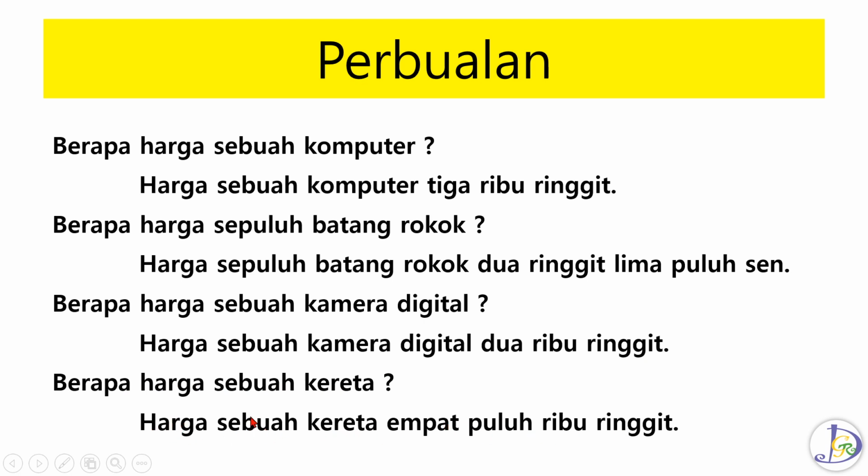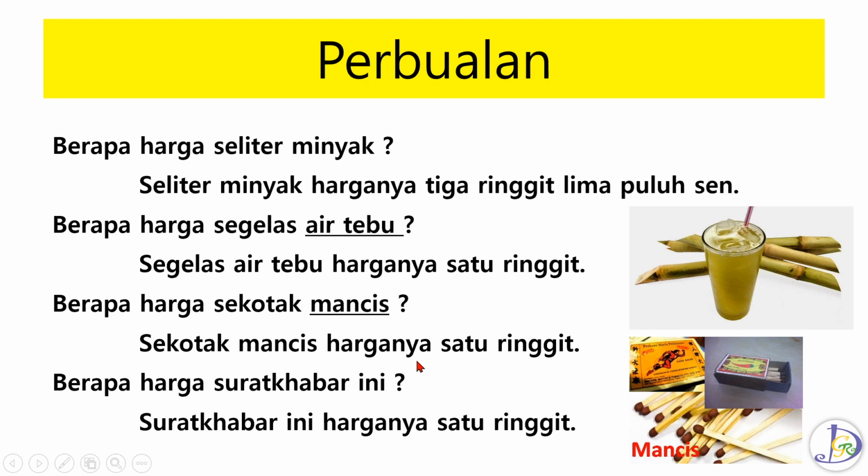The price for a car is RM40,000. Berapa harga seliter minyak? How much for a liter of oil? Seliter minyak harganya RM3.50. A liter of oil, its price is RM3.50. Se is 1.